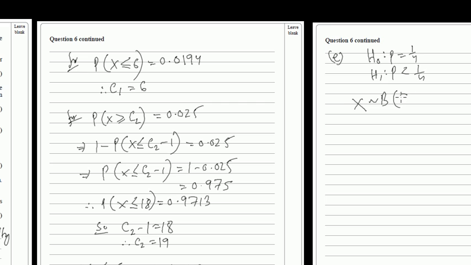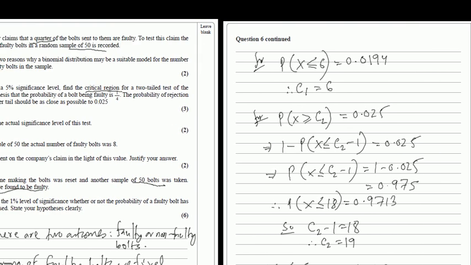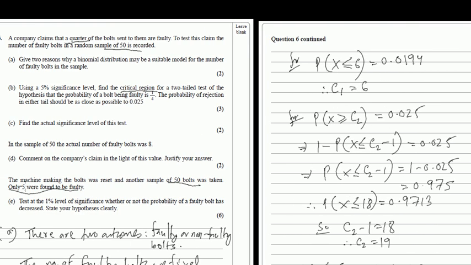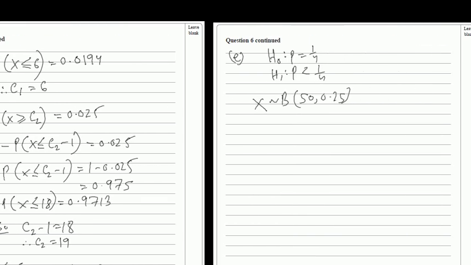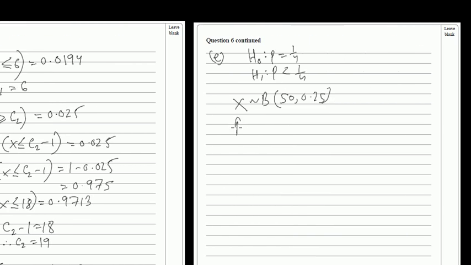So the binomial distribution is 50, 0.25. 1/4 means 0.25. So here our random variable is only 5 were found to be faulty. Since the random variable is the number of faulty bolts, it is only 5. The random variable has to match the alternate hypothesis, so x is less than or equals to 5.